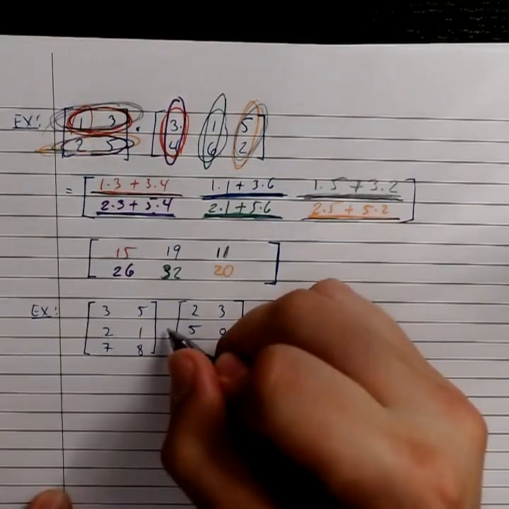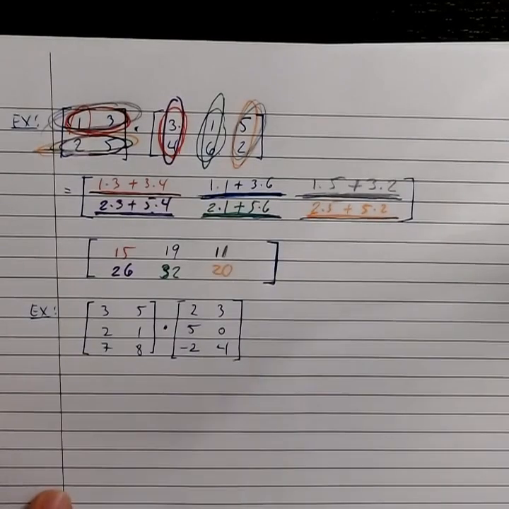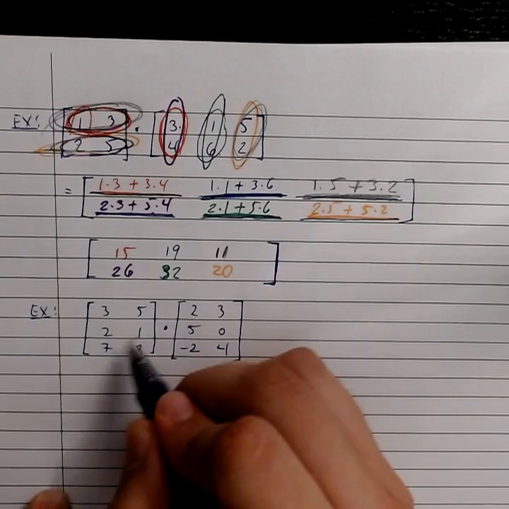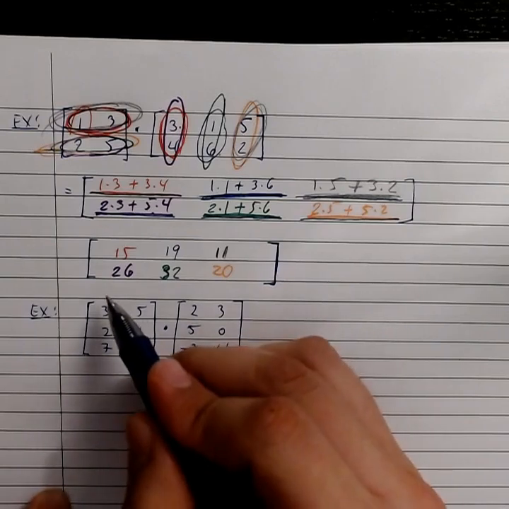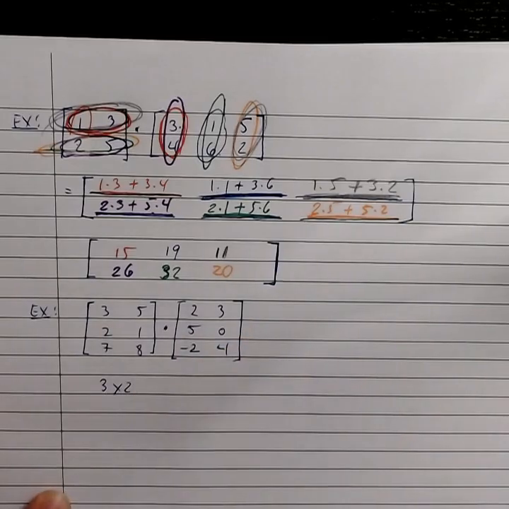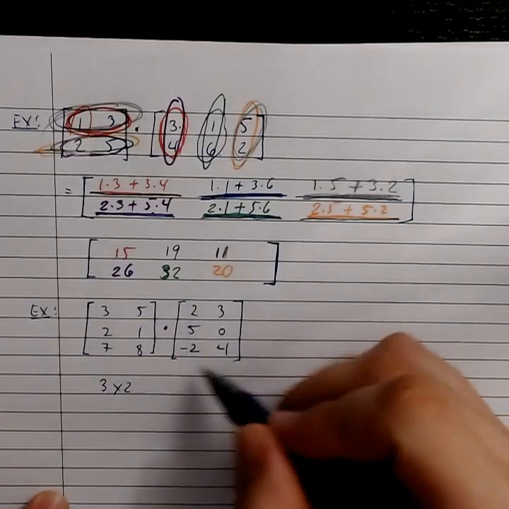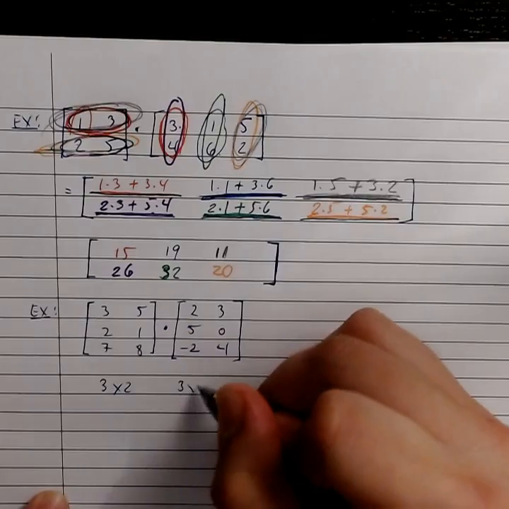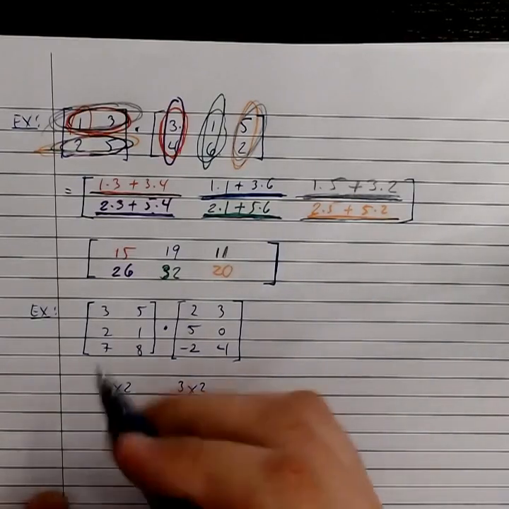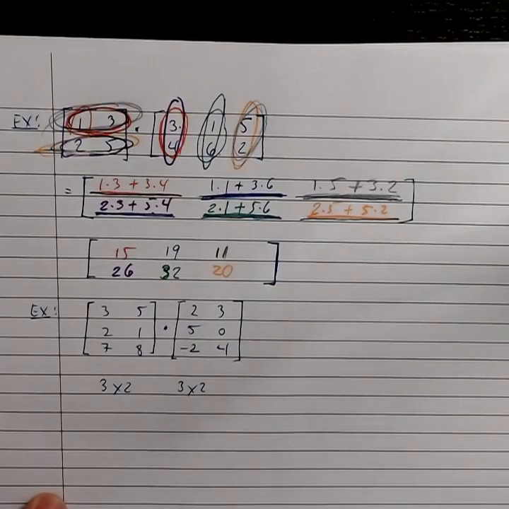And we were supposed to multiply these. That's not going to happen because this has 3 rows, 1, 2, 3. It has 2 columns, 1 and 2, and so it's a 3 by 2 matrix. This one is also the same dimension, 3 by 2. Since they're the same dimension, we would be able to add them. But that's not how we check for multiplication.